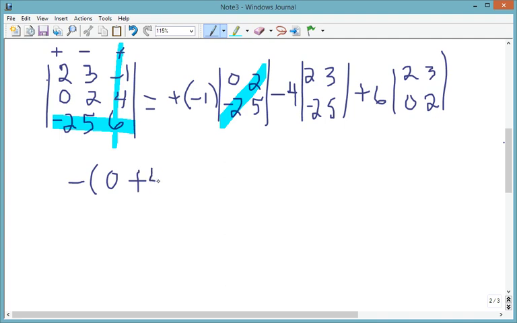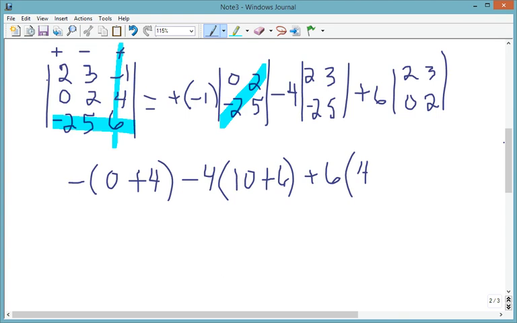That would make this plus 4. Then I got minus 4 times, I'm going to go across diagonally, 10 minus negative 6. And then I have 6, and it's 4 minus 0. So 3 times 0 is 0. So I have negative 4.